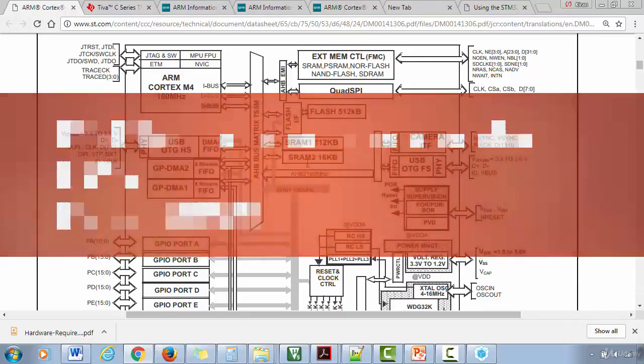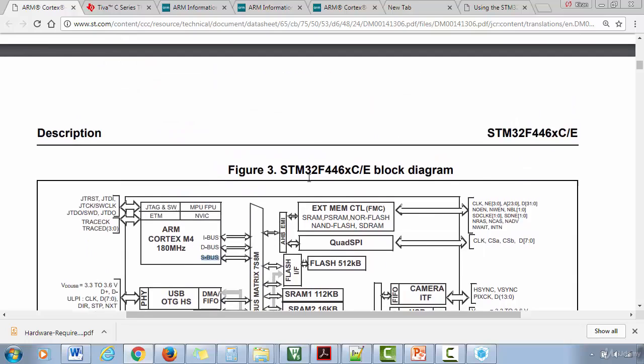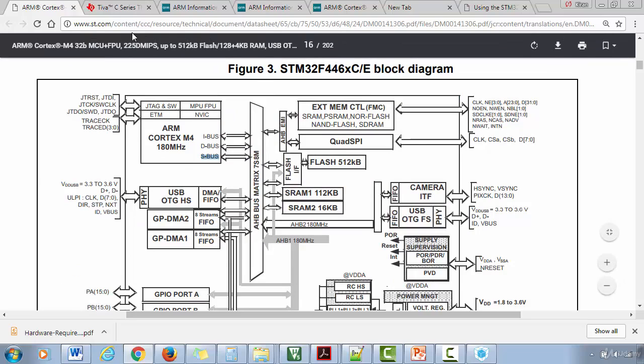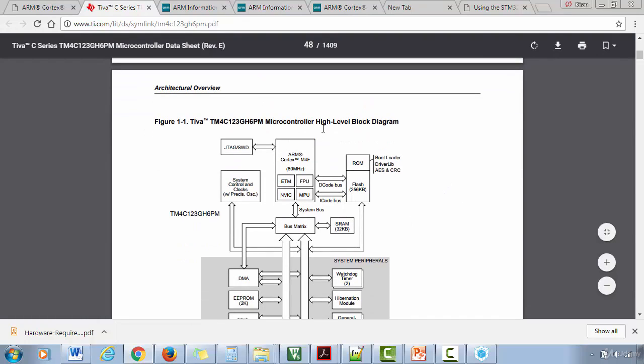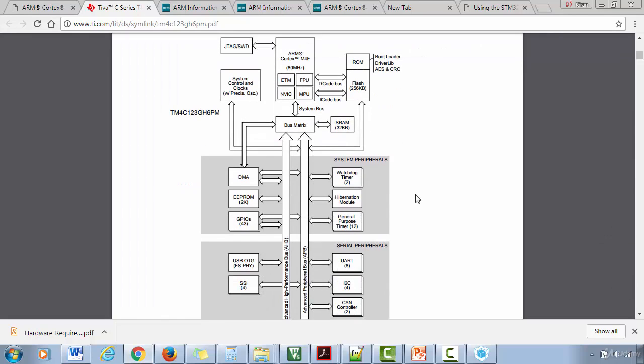So in the previous lecture, we explored the MCU block diagram in the case of the STM32F4 series of microcontroller, as well as a high-level block diagram of TI's TIVA series of microcontroller. And as I said, if you have any other microcontroller from different vendors, then you just go and check your datasheet or reference manual to understand the block diagram.